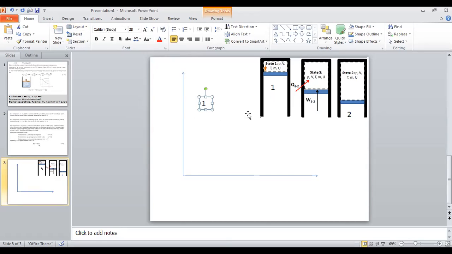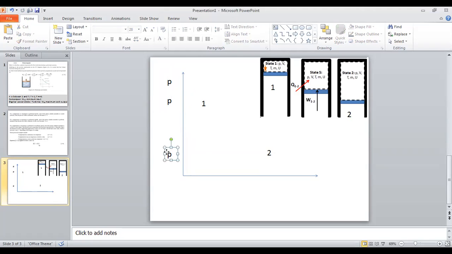So your PV values at 1 and 2: initially you may have the high pressure and smaller volume. So initially your pressure is here. After expansion, your pressure drops.